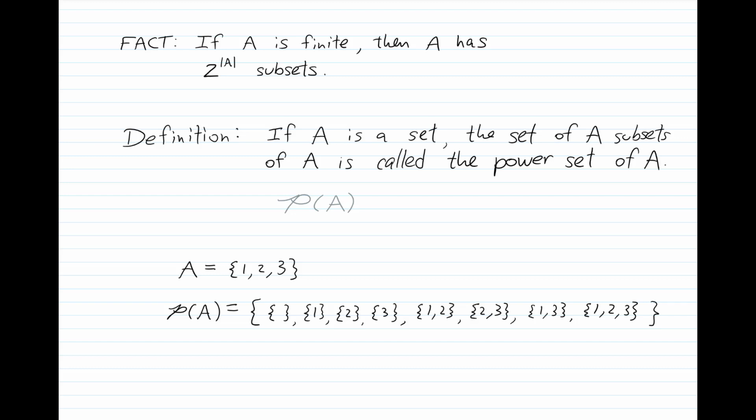So if I take those 8 subsets and I put them into a set, so that's like 8 small boxes inside of a big box, then that big box is called the power set of A. And how many elements are there of the power set of A? Be careful. Remember what we were talking about before. How many elements are there? There's 8. 1, 2, 3, 4, 5, 6, 7, and 8.